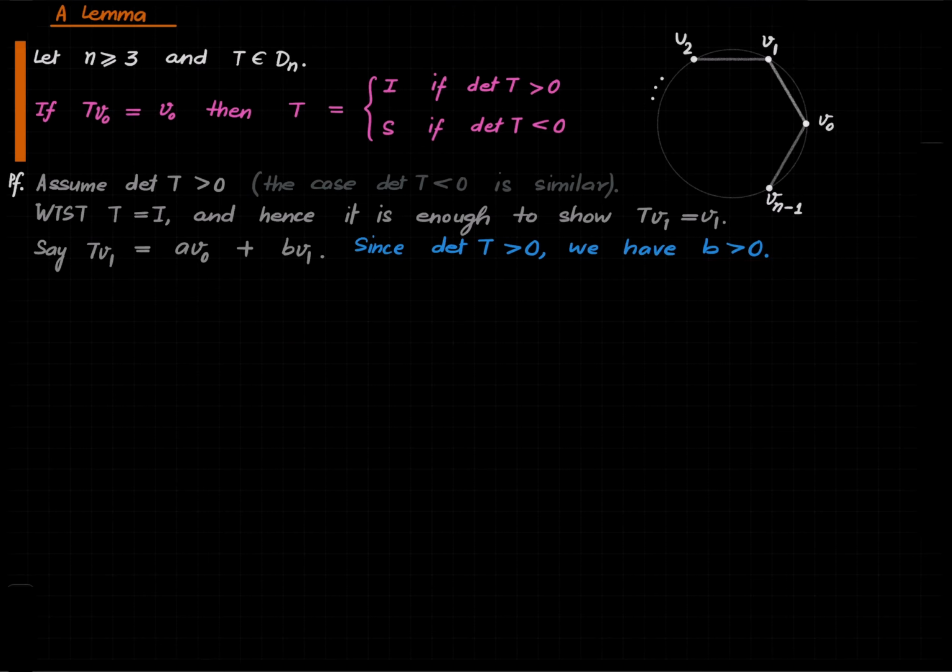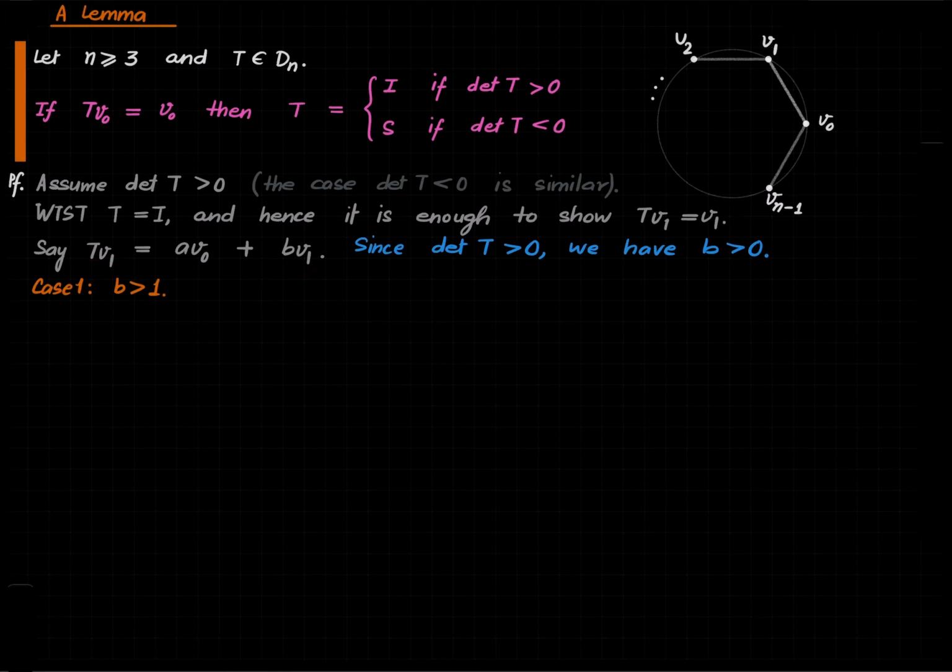Okay, now we will make 3 cases. Case 1, B is greater than 1. And here is the main idea. T is in the dihedral group, so any power of T is also in the dihedral group. T, T square, T cube, everything is in the dihedral group. If you keep iterating by T in this equation, so keep applying T on both sides, this will keep blowing up.